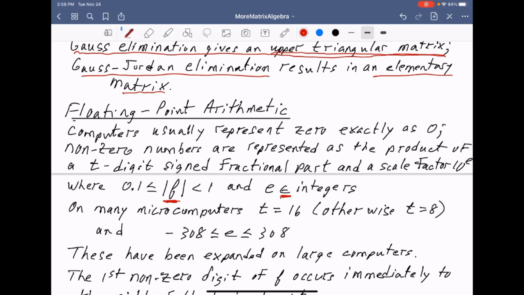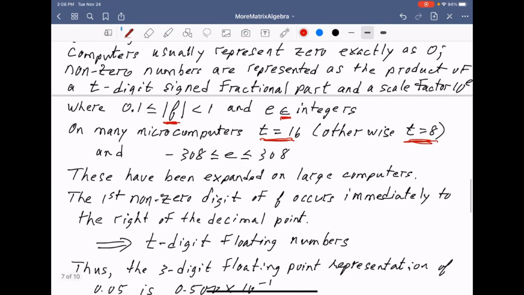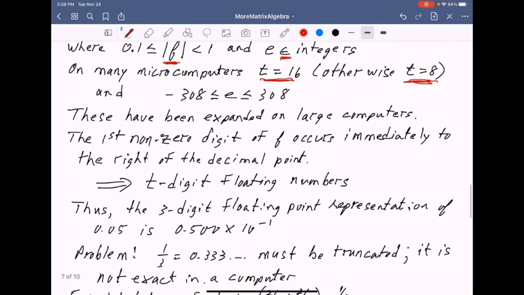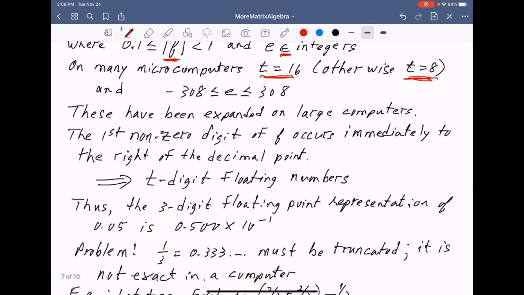On many microcomputers, particularly the older ones, t was set equal to 16, and in most cases it was 8 in the early computers, and e fell between minus 308 and 308 positive. Of course, these have been expanded on large computers, but even so, we run into trouble, as I'll note in a second.